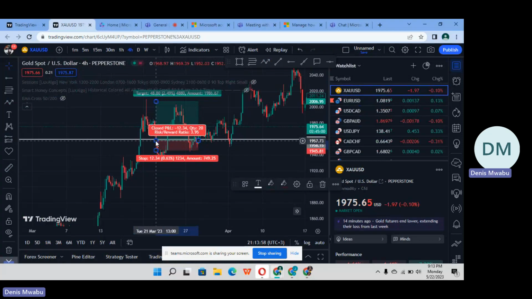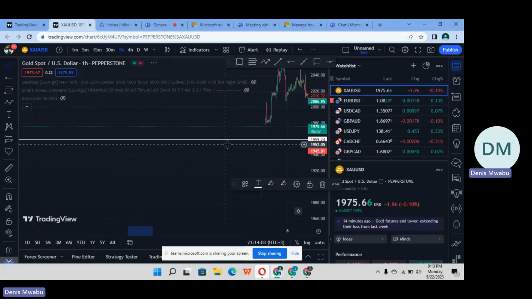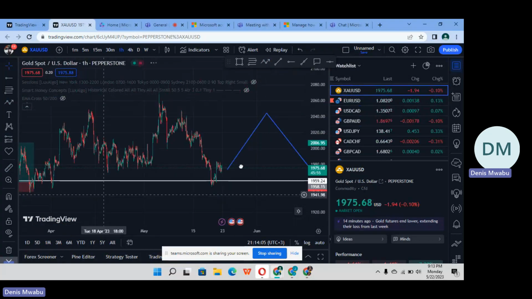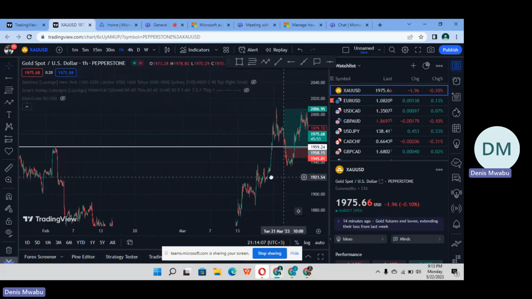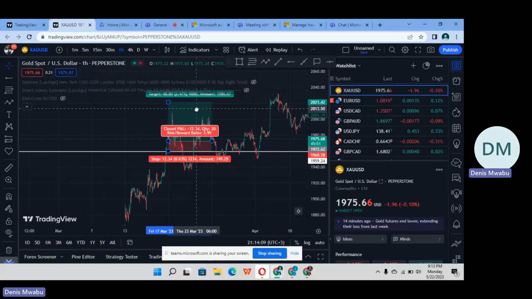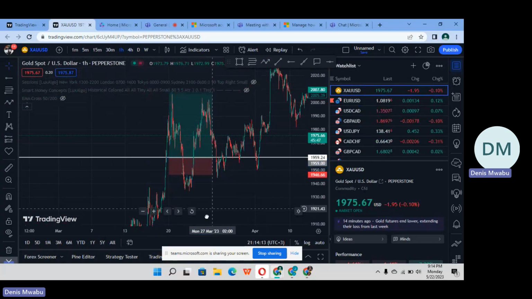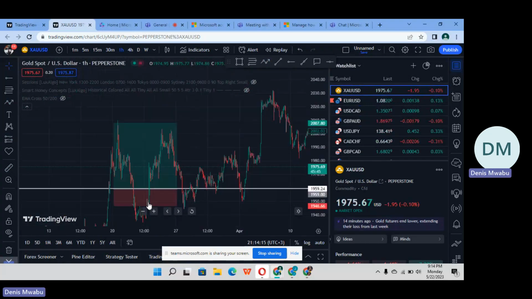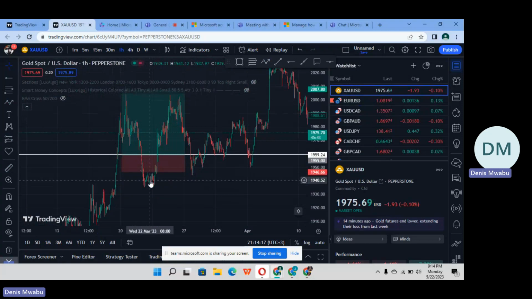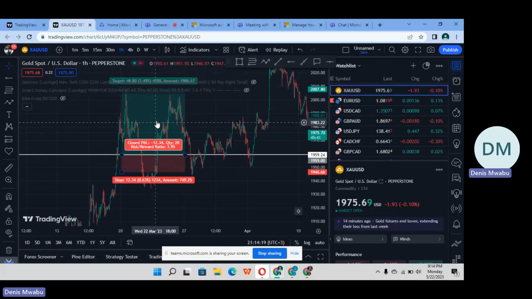Remember, this is on a higher time frame. If you go to a lower time frame where you usually take your trades, you're waiting for price to come and retest your resistance zone, and take a look at what it does. It comes, hits your stop loss, and then comes back to your take profit.